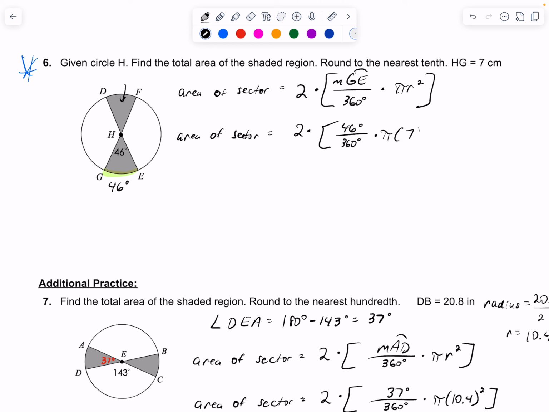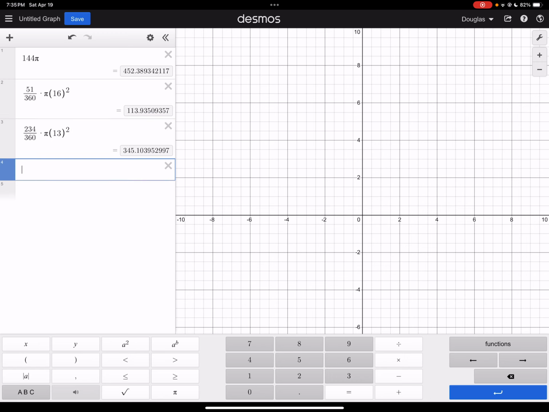All right, I am going to round this to the nearest tenth. So I'm going to type in 46 over 360. But first, I'm going to put a parentheses in front. You'll see why in a second. So 46 over 360, and then times pi times 7 squared. Let's confirm that it was pi times 7 squared. It is.